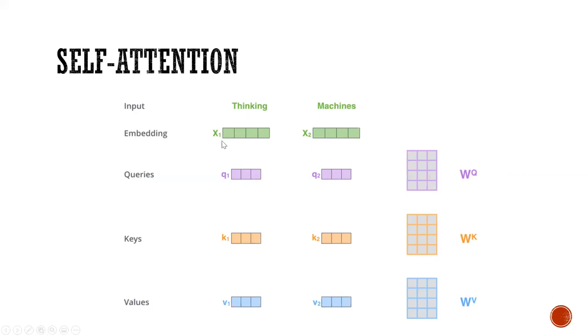For example, you have an embedding of dimension 4, and the transformation matrix is 4 by 3. Once you multiply them, you get a vector of dimension 3, and that becomes the queries. You also have separate transformation matrices for keys and values. This is how you get your queries, keys, and values.